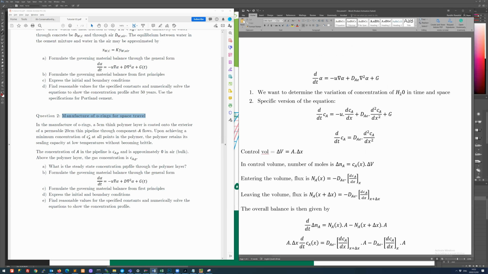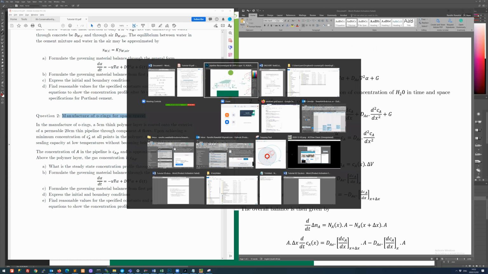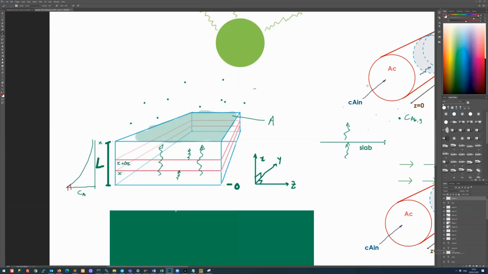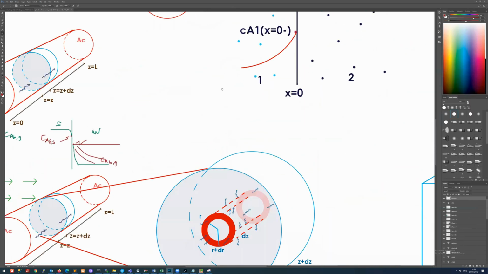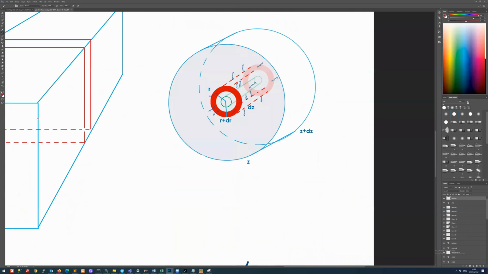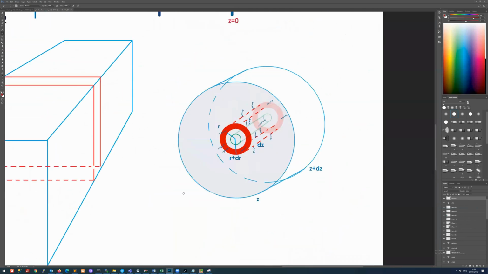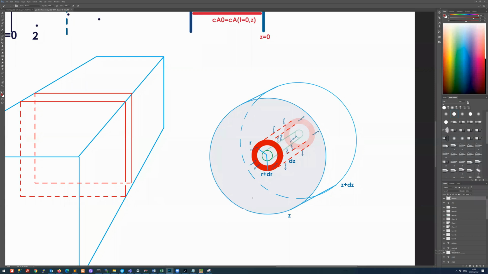So we are going to take the same approach, right? We are overall interested in the steady state concentration profile through the polymer layer. In fact, let's talk a bit more about the problem first. So O-rings, right? We know what O-rings look like, but we are going to simplify the picture. I've drawn a modified version of my cylinder problem here.